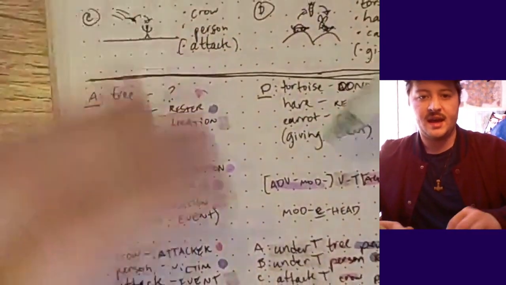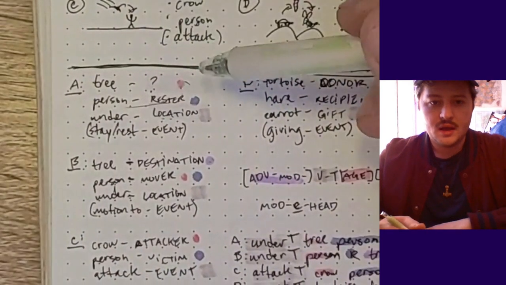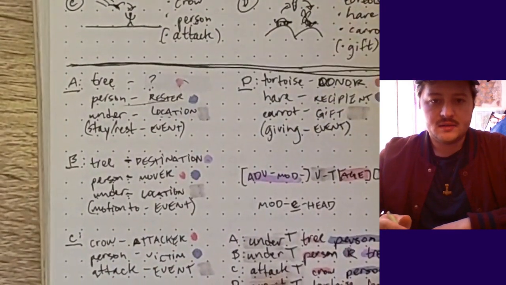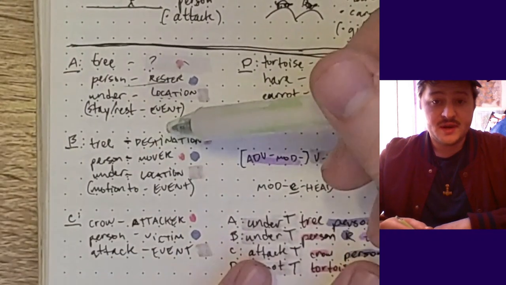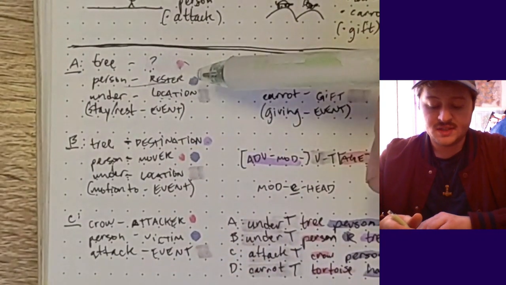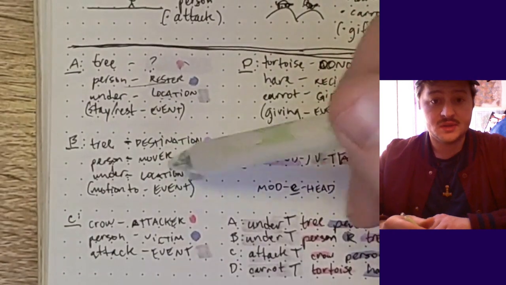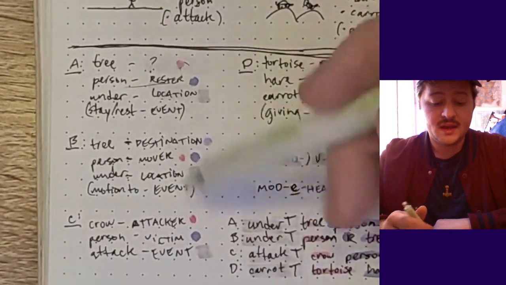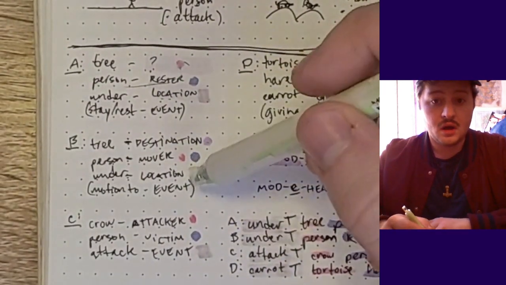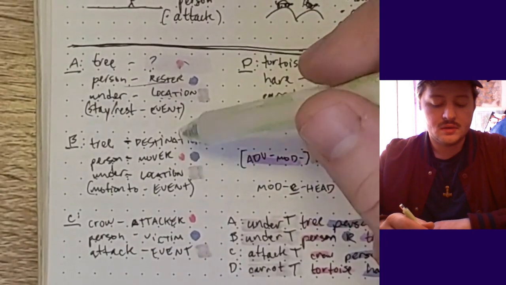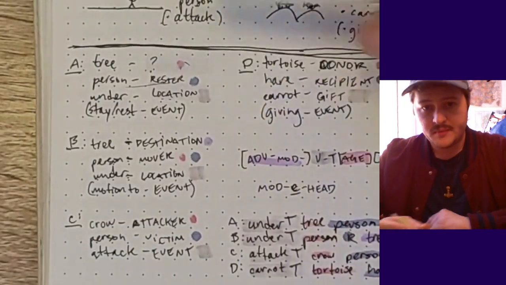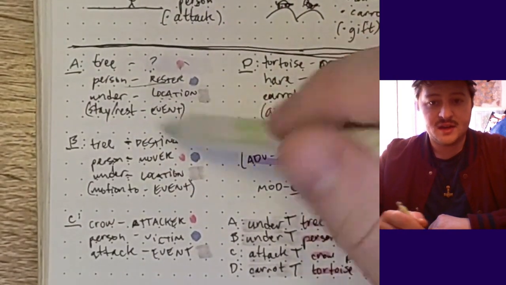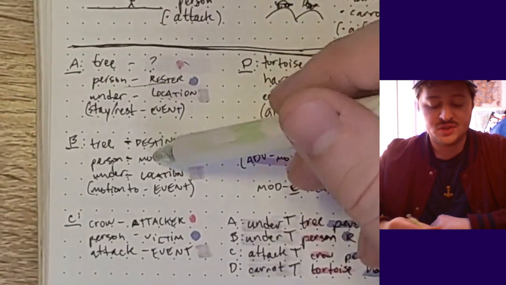So let's do B. If I want to say a person goes under a tree, but I want to describe that person as someone who did something else or something was done to them, like maybe I want to say the person I saw yesterday went under the tree. So I saw them yesterday is another sentence embedded to describe a person there.